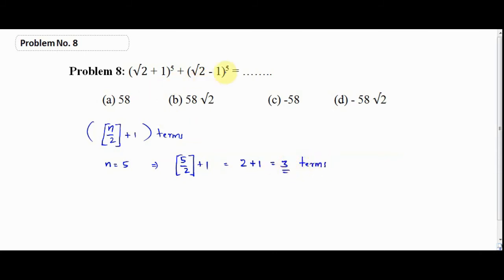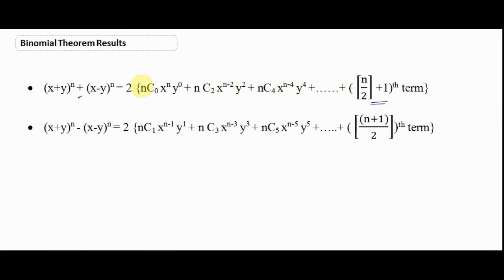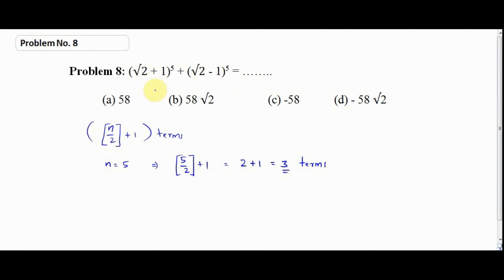Okay, and now let's see what will be the expansion. So we have to use the formula what we just discussed, 2 into nC0 into x raised to n into y raised to 0 plus nC2 x raised to n minus 2 into y raised to 2 plus etc. Okay, so let's expand based on that equation.